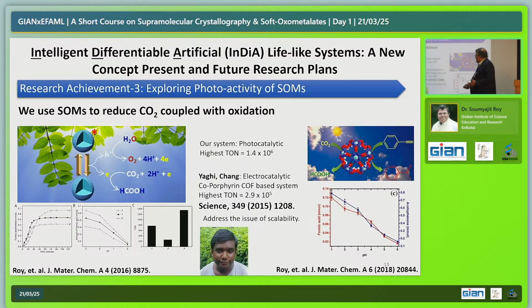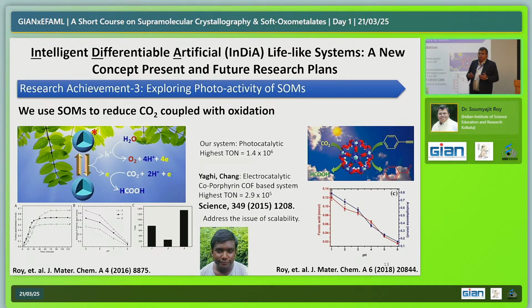At that time when we published, it was one of the highest turnover number systems, with almost 1.4 million turnover number. This is comparable to another system reported around a similar time by Professor Omar Yaghi and Chris Chang with cobalt porphyrin based systems, published in Science, which showed a turnover number of around 0.29 million. So that's the level which we could reach.